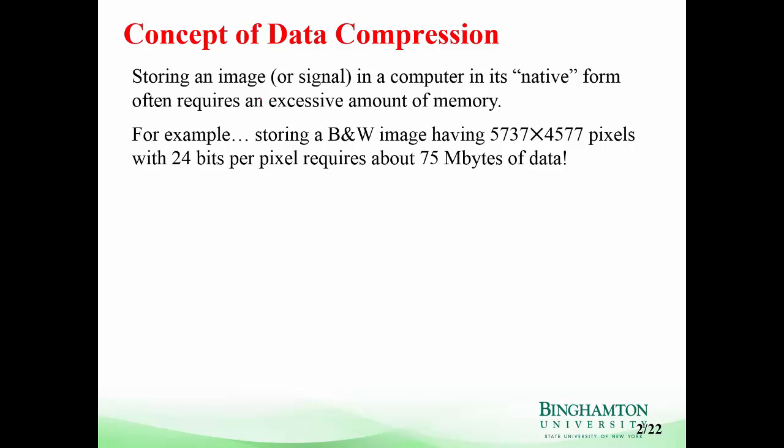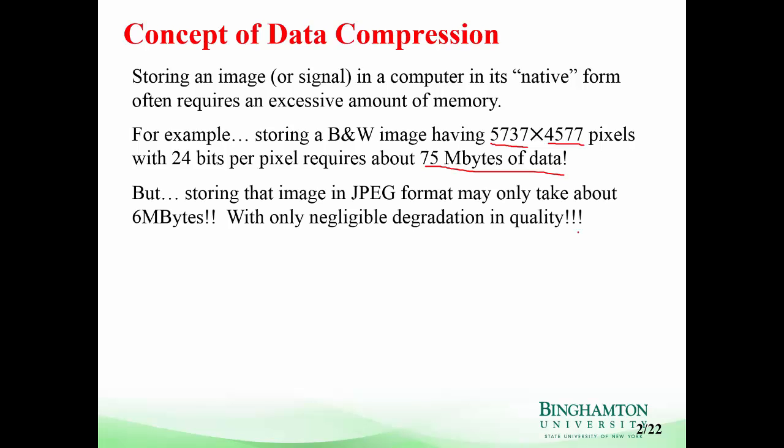And this particular black and white image was 5,737 pixels by 4,577 pixels. And to store that on my computer required about 75 megabytes of data for just one simple image, not even color.